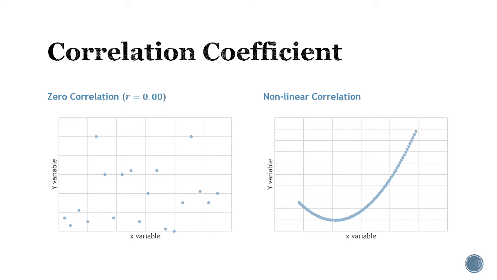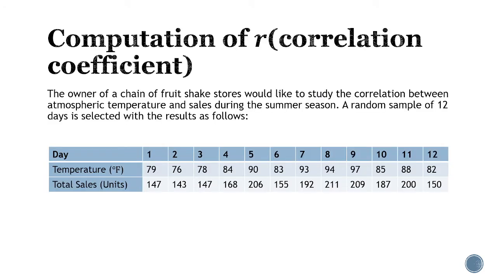Let's have our computation of R, the correlation coefficient. Here is an example: the owner of a chain of fruit shake stores would like to study the correlation between the atmospheric temperature, meaning the heat in the surroundings, and the sales during the summer season. A random sample of 12 days is selected with the results as follows.